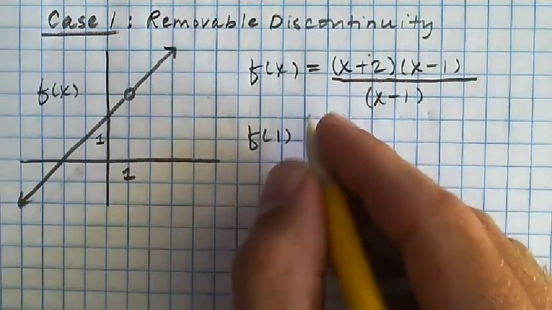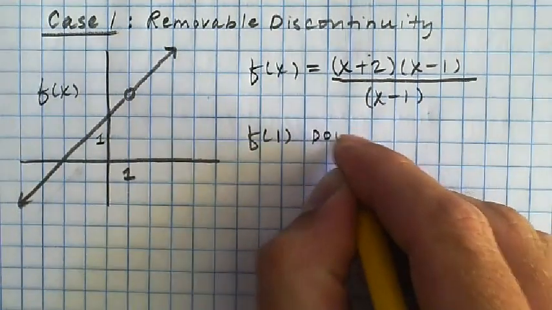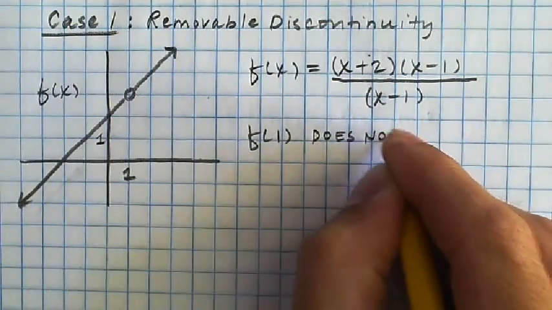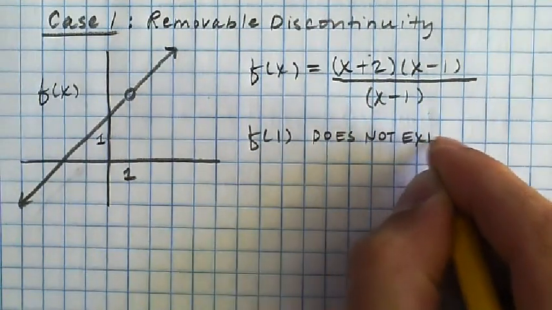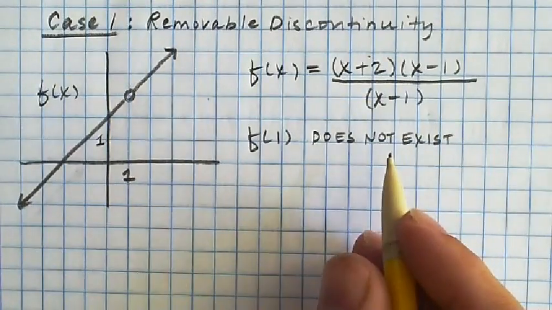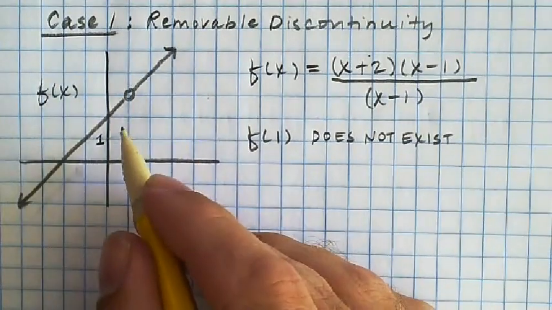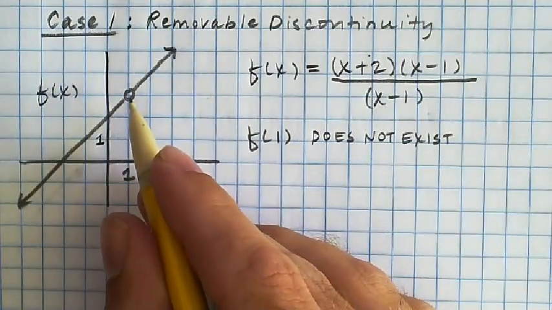We cannot divide by 0, it's not an option. So I'm going to say that f of 1 doesn't exist. Okay, from here on out, I'm going to abbreviate that with D and E, because that's an acceptable abbreviation in this course. And if you look over here on the graph, that's why we see that hole.